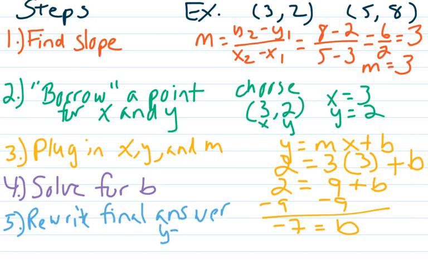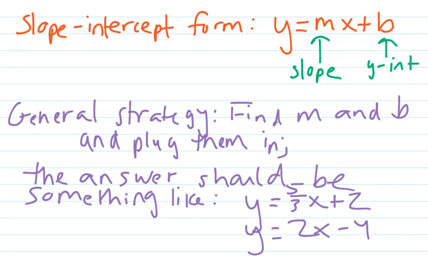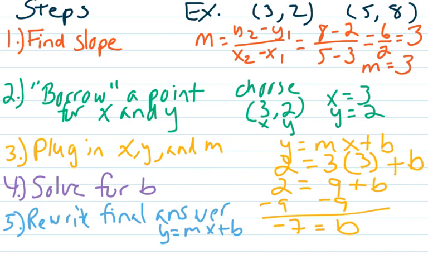So we have y equals mx plus b. And remember, the final form of our answer should be y equals a number times x plus a number or minus a number. I'm going to give back the y and the x. Remember, we borrowed the 3 and we borrowed the 2, but I don't actually want to keep them.